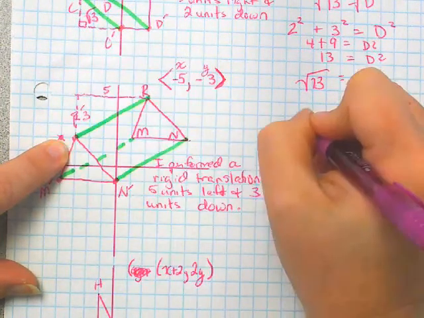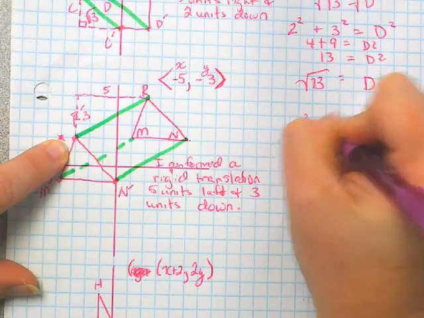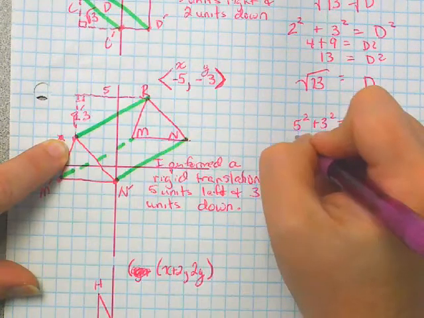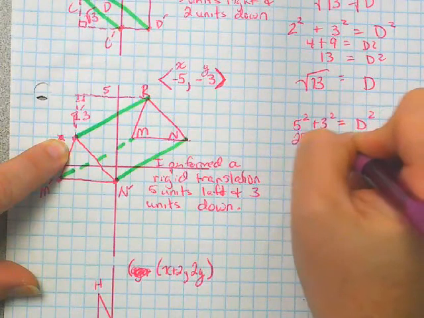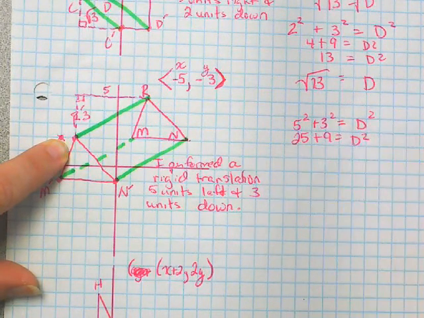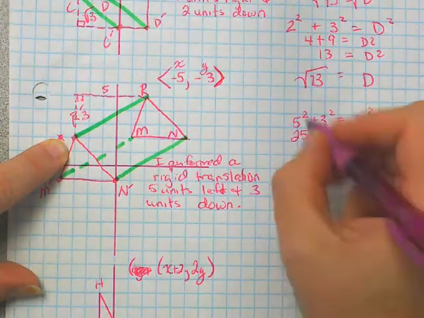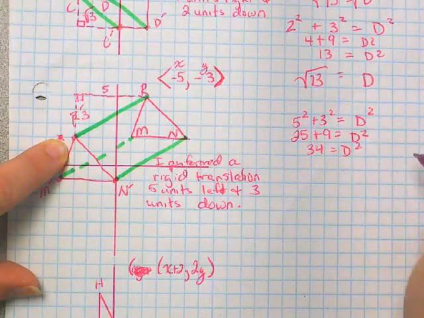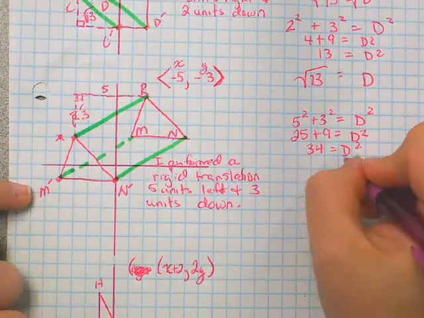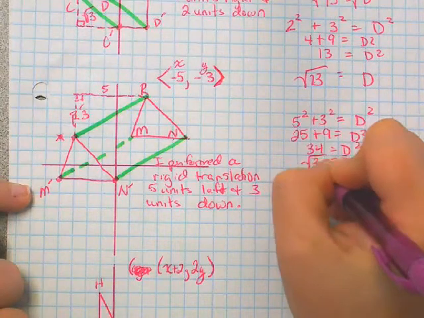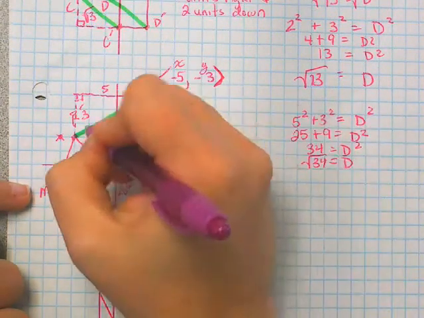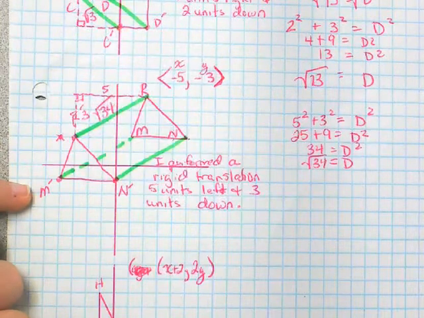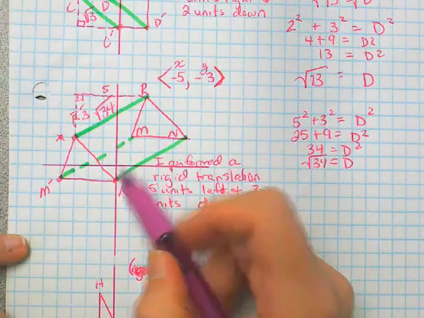And then my vertical displacement is 3 units. 5 squared plus 3 squared is my distance squared. 25 plus 9. What's 25 plus 9? It's 34. But I'm not done. There's that one last step to take the square root. So the distance between R and R prime is the square root of 34.